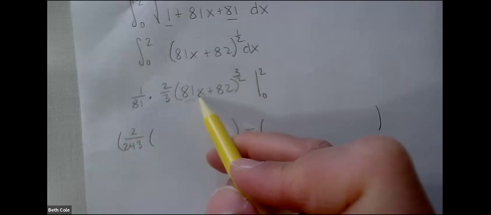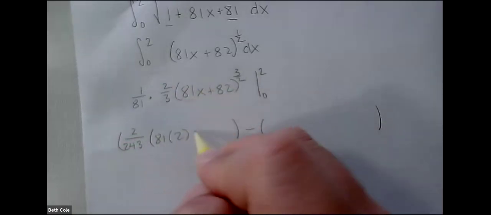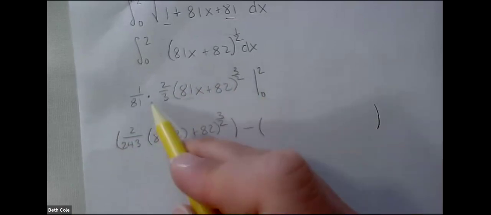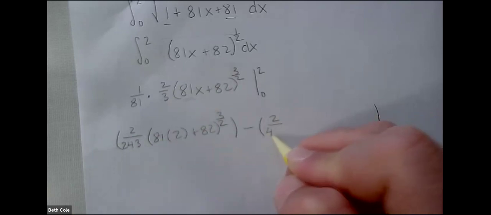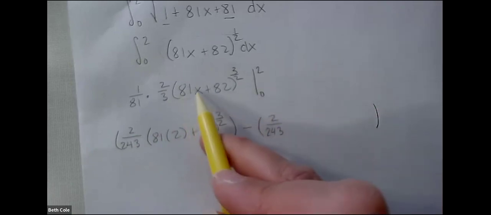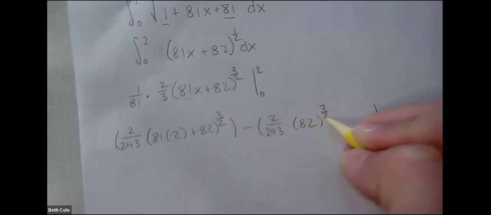All right, and we're going to plug in 2 to this. And then if you plug in 0, you're going to have 2 over 243. And it's going to be 0 plus 82 to the power of 3/2.